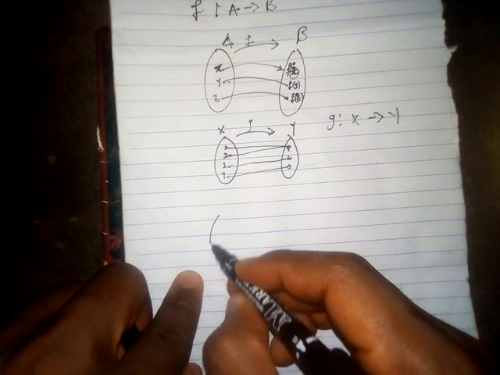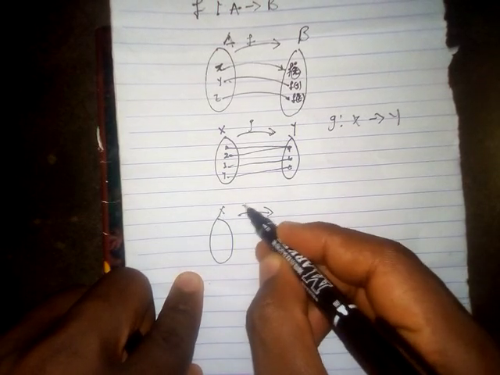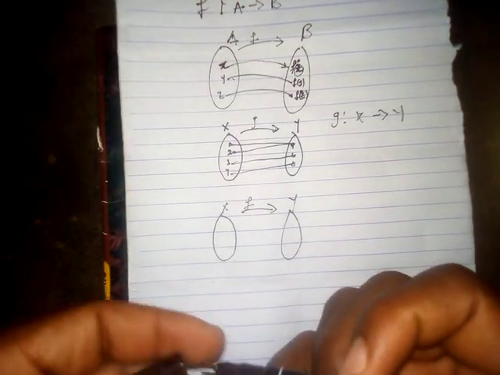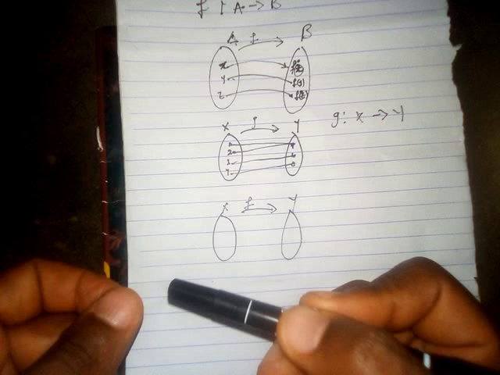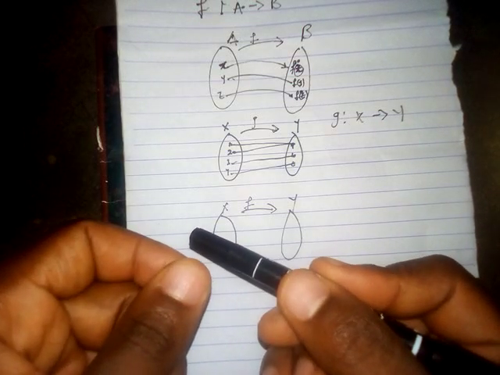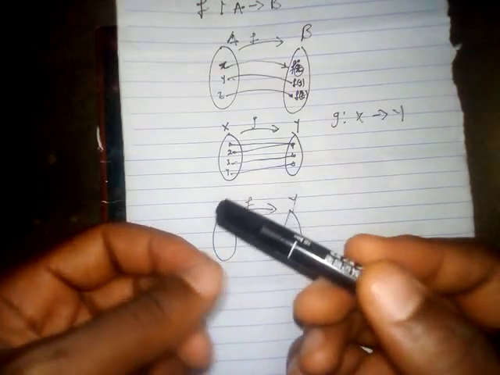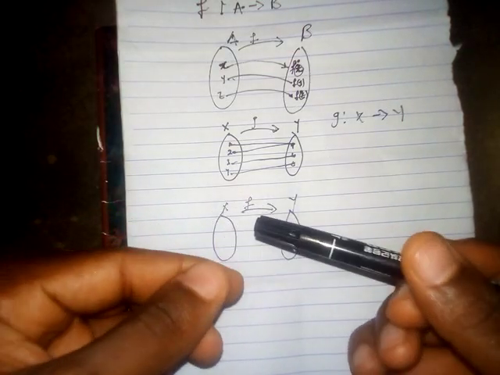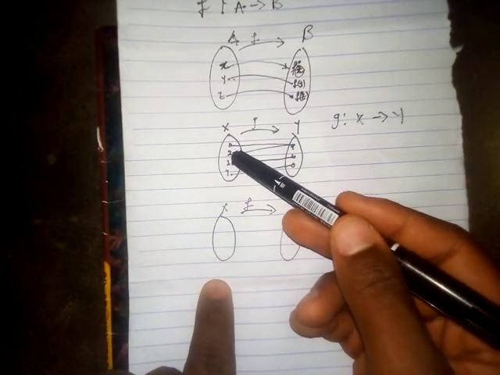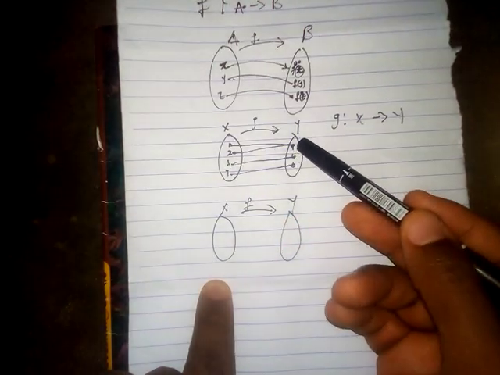Given X and a function f mapping it to Y, the first thing to note is that every element in the domain must be assigned to a unique element in the codomain.